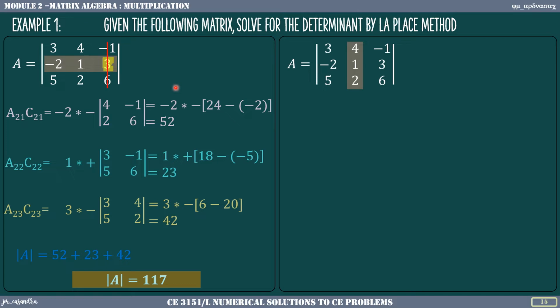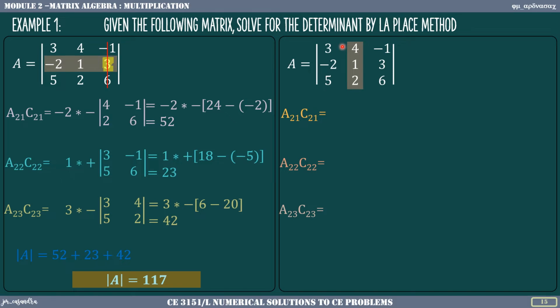In this case, we are going to solve for the products of elements A12, A22, and A32.